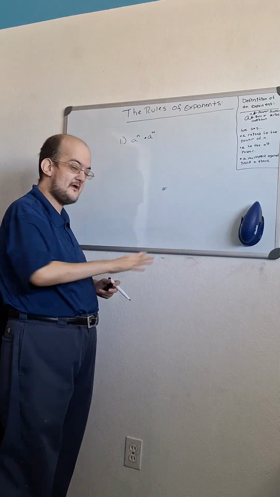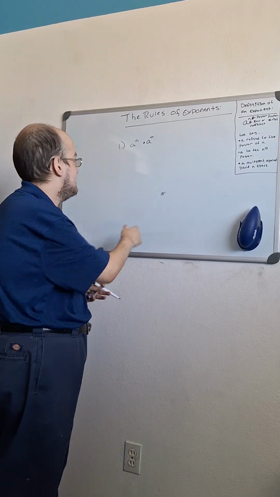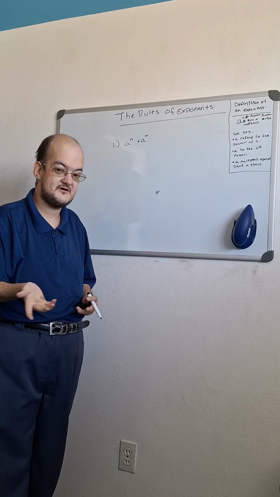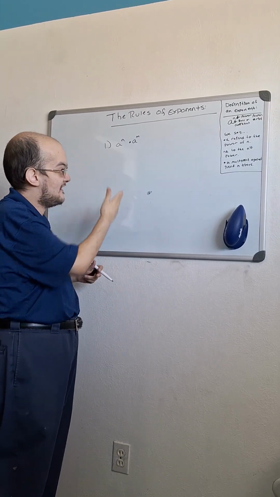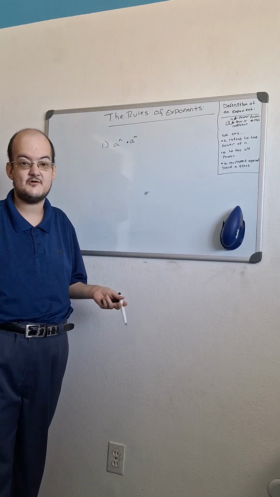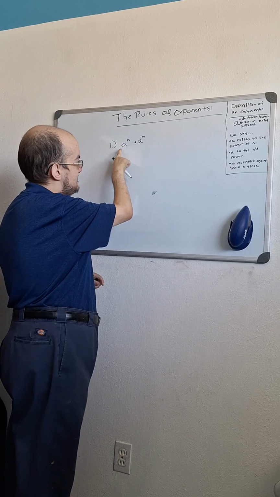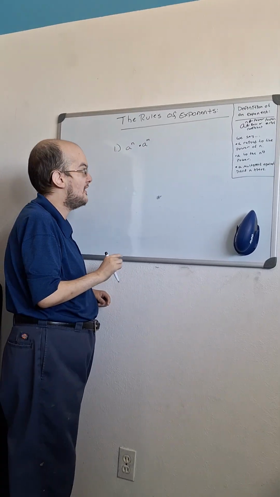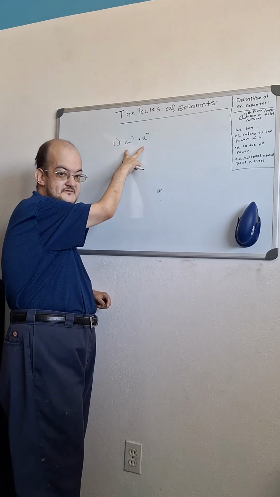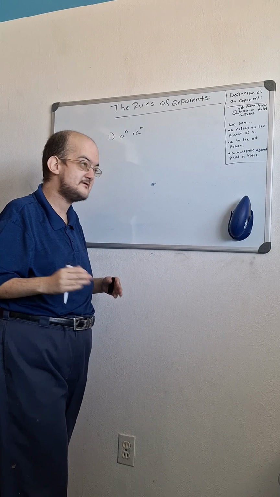So again, the base can be anything and the power can be anything, it doesn't matter. The a, as you're going to see in a minute, might be 5, and the n and the m might be 8 and 25. It doesn't matter. So what we're going to do is a raised to the power n multiplied by a raised to the power m. Notice the bases are the same, or what we say in mathematics, they are equivalent.